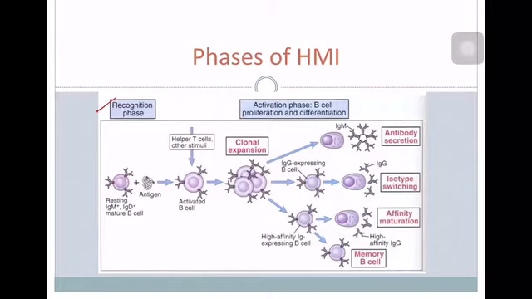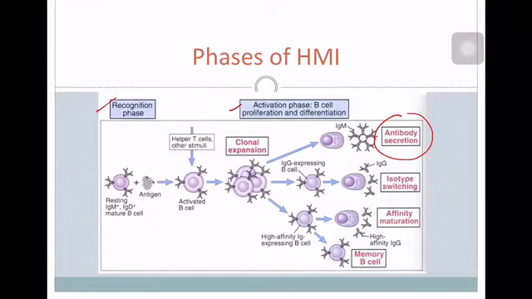The next phase is the activation phase, where the B cell gets activated by binding to the antigen. It undergoes clonal proliferation and differentiation, and the next one is secretion of antibodies. The antibodies will be distributed in the tissues and body fluids and show their effects. The major phases of HMI include the recognition phase, the activation phase and the secretion of antibodies.